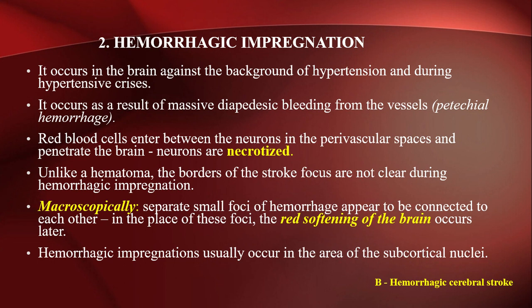Unlike hematoma, the borders of the stroke focus are not clear during hemorrhagic impregnation. Macroscopically, the separate small foci of hemorrhage appear to be connected to each other. In the place of these foci, the red softening of the brain occurs later. Hemorrhagic impregnations usually occur in the area of the subcortical nuclei.